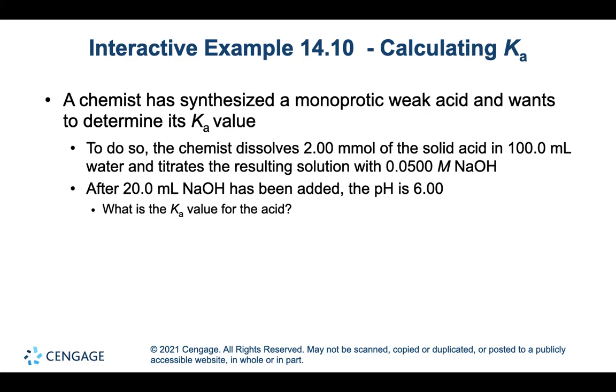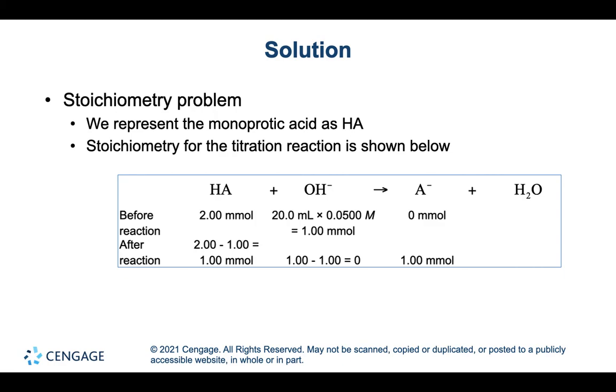So you could take 2 millimoles and titrate with 0.05 molar NaOH, and at 20 milliliters you would have 1 millimole of weak acid and 1 millimole of conjugate base. So your pH of 6 means your Ka would be 10 to the minus 6. So 2 millimoles HA and 1 millimole of OH minus means you end up with 1 millimole of HA and 1 millimole of A minus.